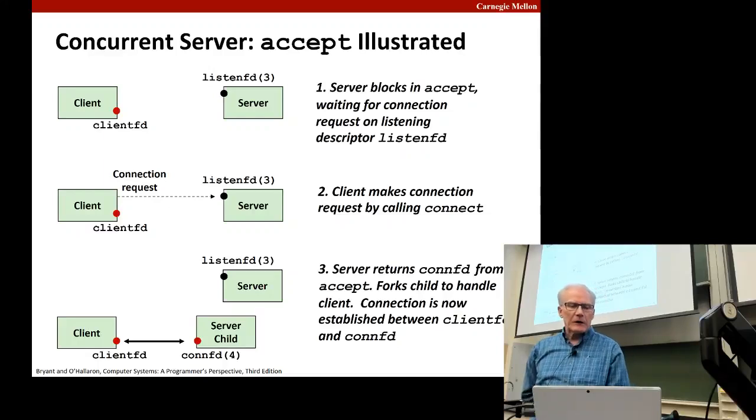But then accept returns a second connection file descriptor for this process that then becomes sort of owned, so to speak, by the child that I forked off. And then the server and the client have a session where they can go back and forth, reads and writes, to send messages back and forth.